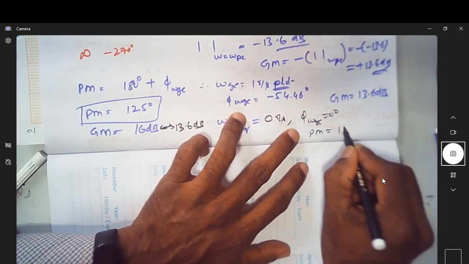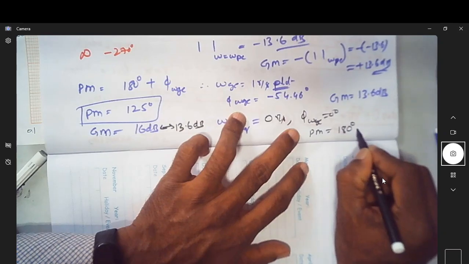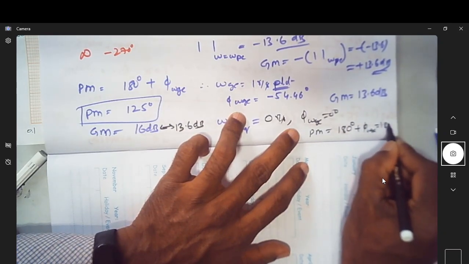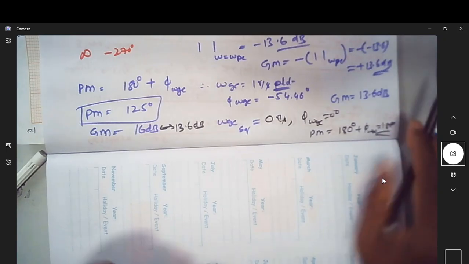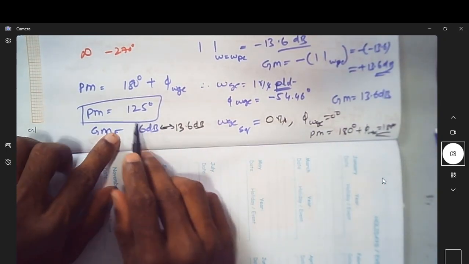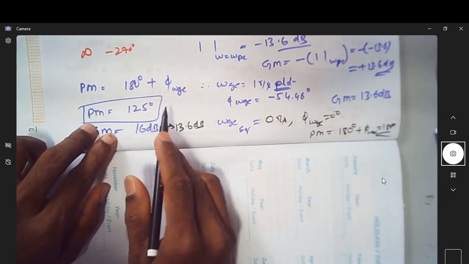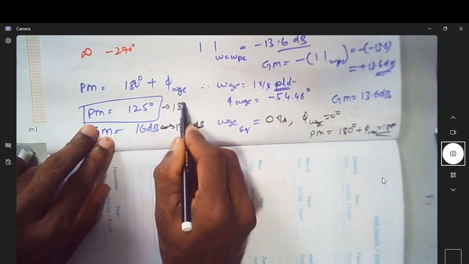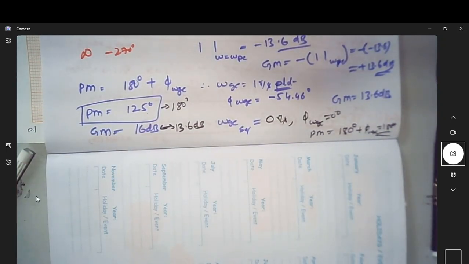Phase margin is actually 180 degree plus the phase at omega GC. This happens to be 180 degree itself. So now we saw that this was 125 degree from graphical, so this will become actually 180 degree. So maybe let me just clarify this in the MATLAB code also.